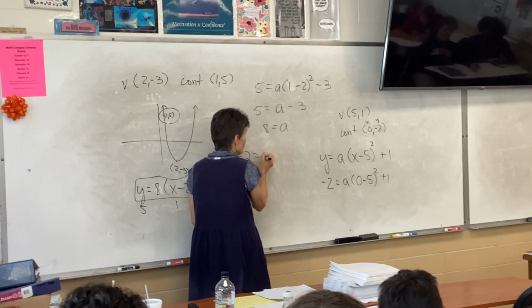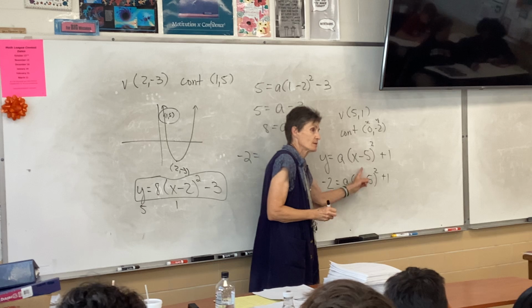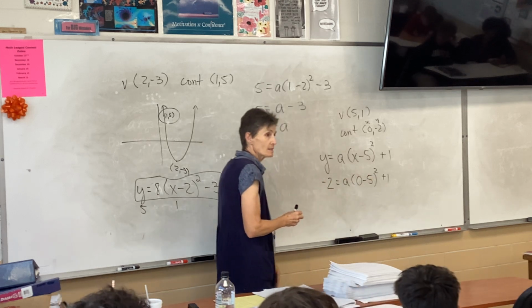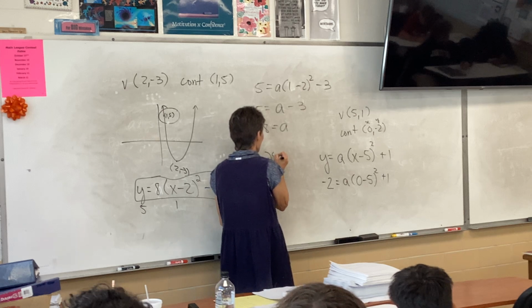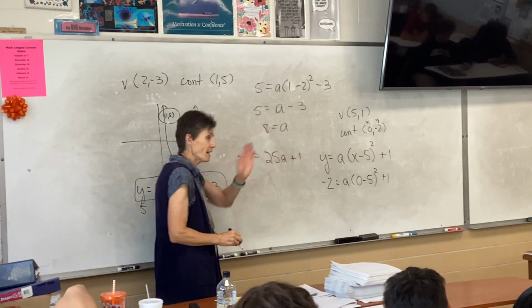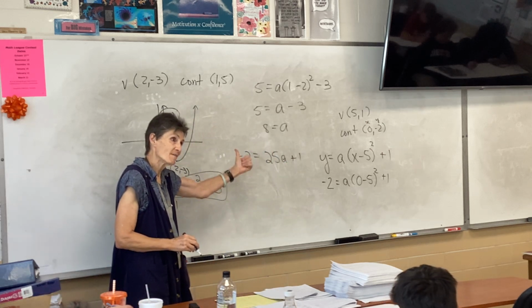So negative 2 equals, PEMDAS, parentheses first, negative 5 squared is 25, so it's 25A plus 1. Do not add 25 and 1, because that's 25A.